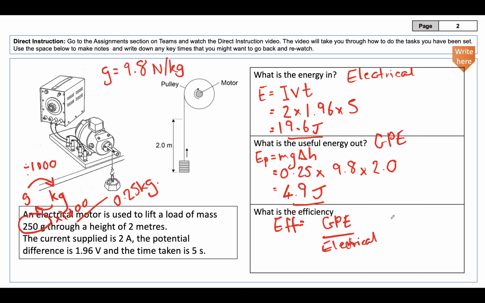And finally, I need to substitute these two things in. So the useful energy that I gained, that was my 4.9, let's divide that by 19.6. Pop that into a calculator. That gives me 0.25.